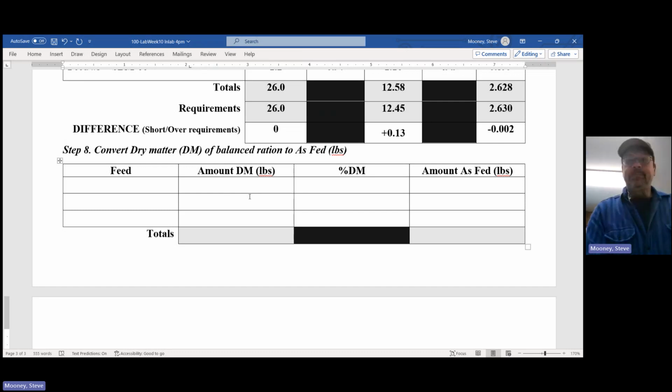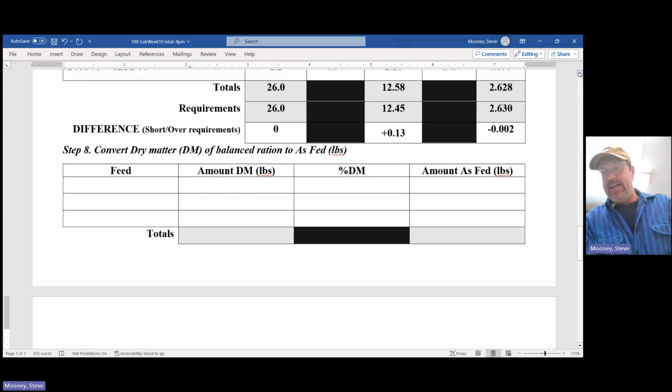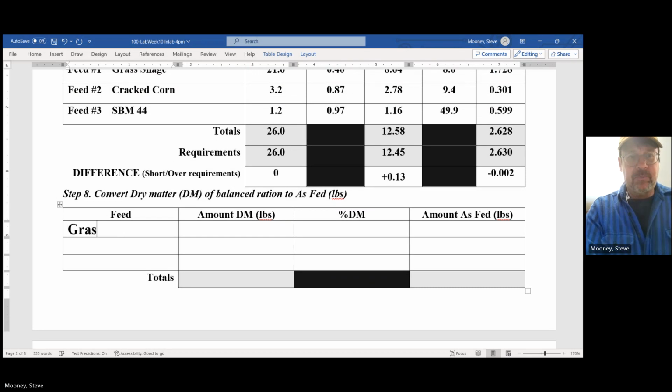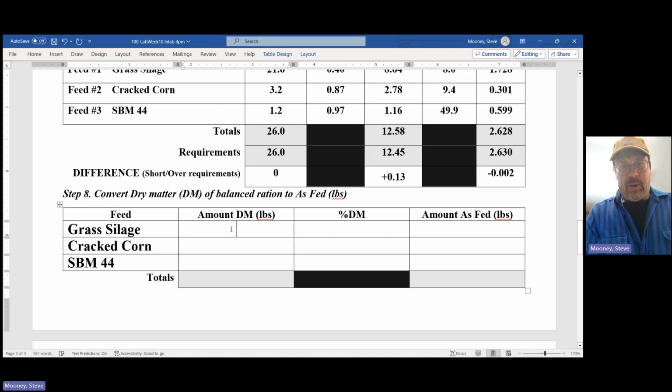So again, we could copy that stuff down, pulling those numbers down.